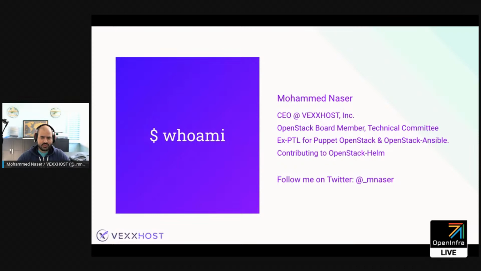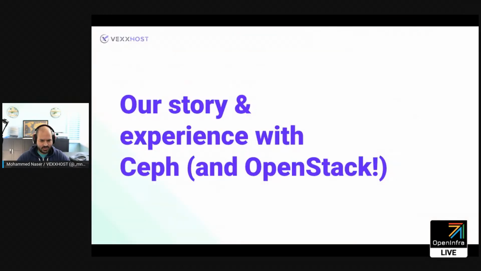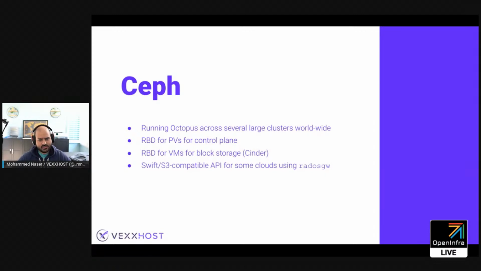I wanted to talk about our story and experience with Ceph and OpenStack. And we do a little bit of Kubernetes as well. Currently all of our deployments are running Octopus at this point. We try to do as good a job as we can to keep up with updates. Actually we have some Pacific deployments, but Octopus is the oldest deployments in our cluster.